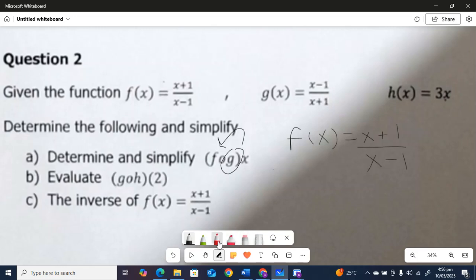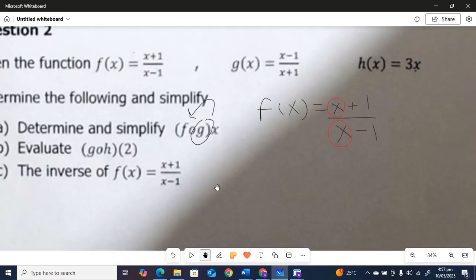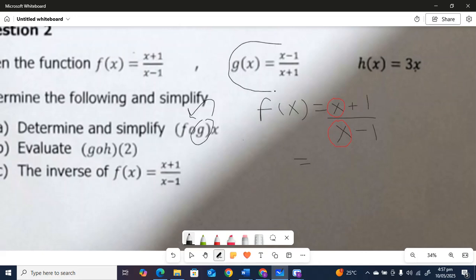So where we see these x's here, we're going to substitute them with the g function. Okay, colleagues? So now our function is going to become, so this x, we substitute it with g. Okay, this g function is coming where there's x.